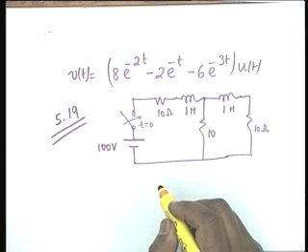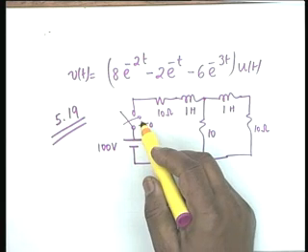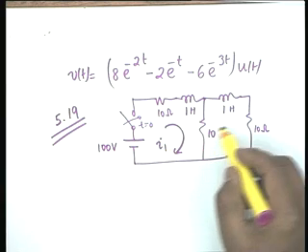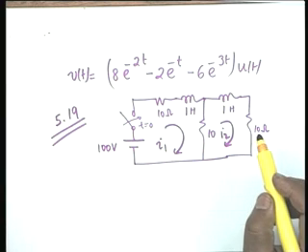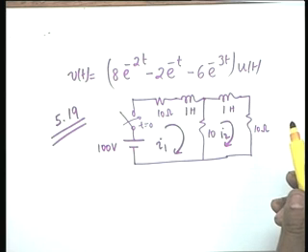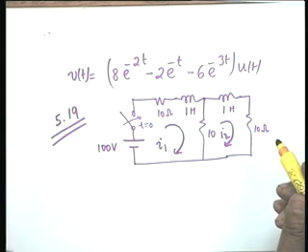This is the circuit. The switch is closed at t equal to 0. Find i1(t) and i2(t) for 0 minus to infinity and assume 0 initial energy.